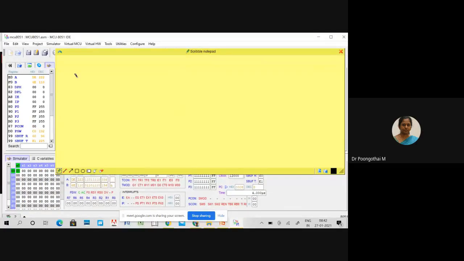So what are the inputs? 4C, 6E. Okay, so the given subtraction is, you have to subtract 6E from 4C. First convert these inputs into binary.